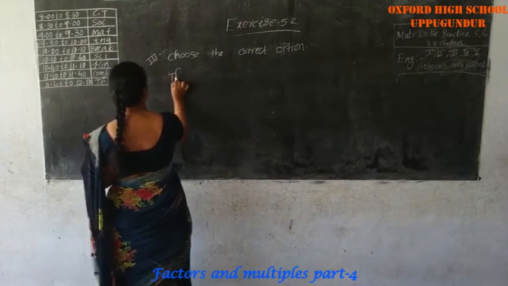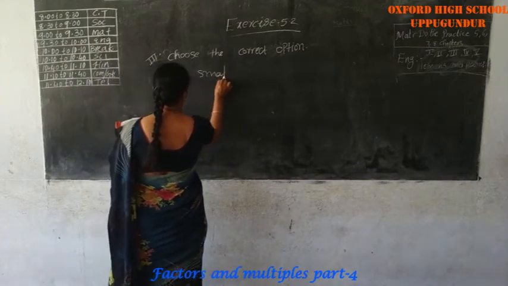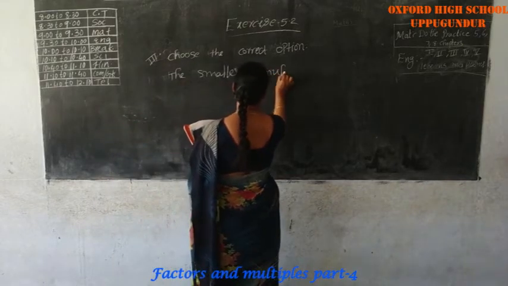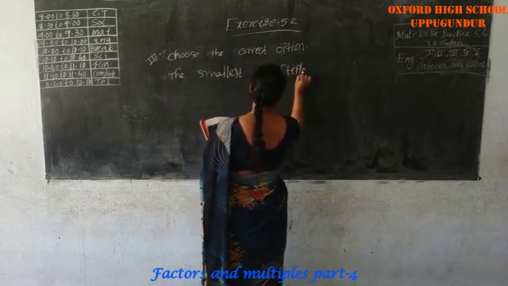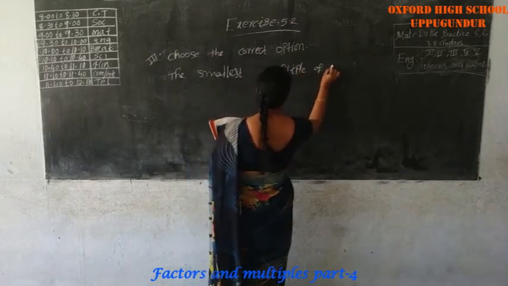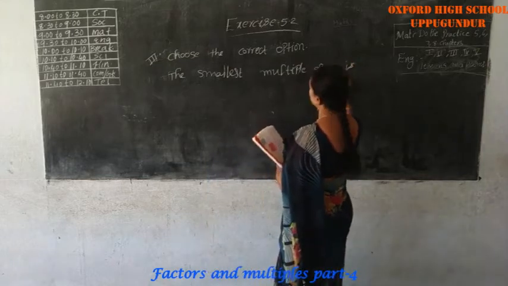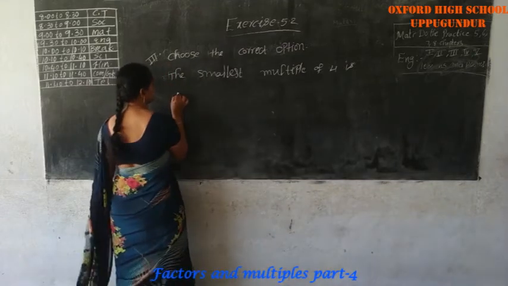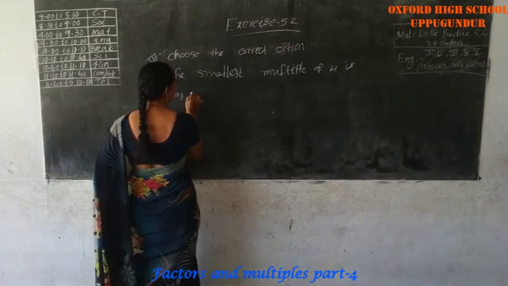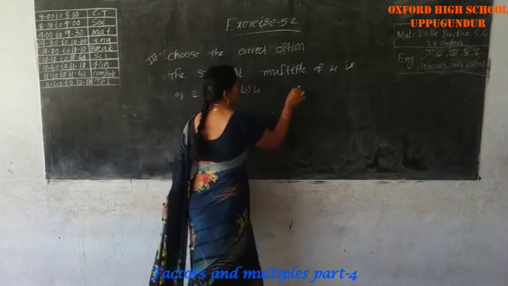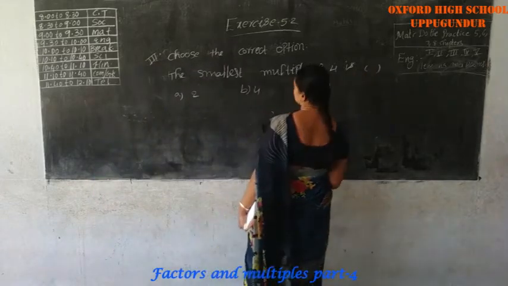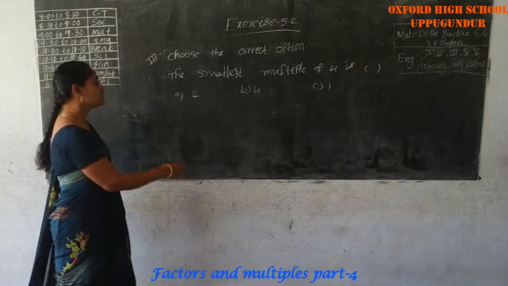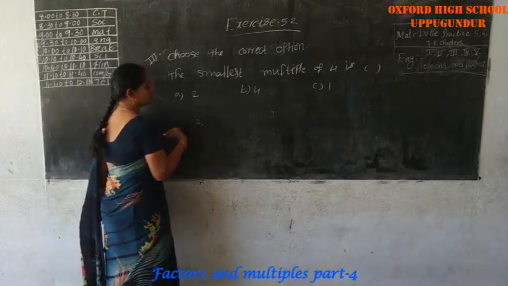Next, the smallest multiple of 4 is. See, options 2, 4, 1. Which one is the correct answer? The smallest multiple of 4. See, 2 twos are 4, so 2 is one multiple.